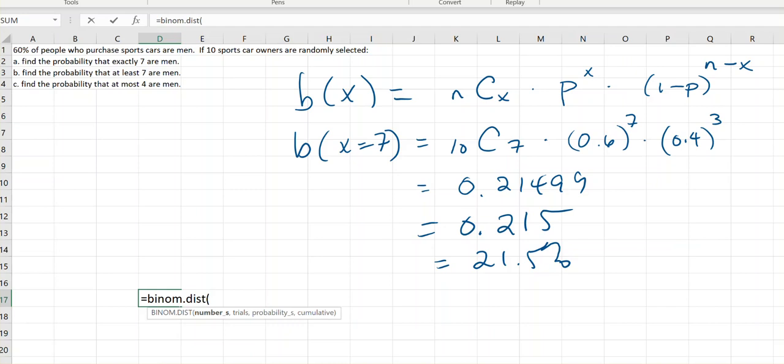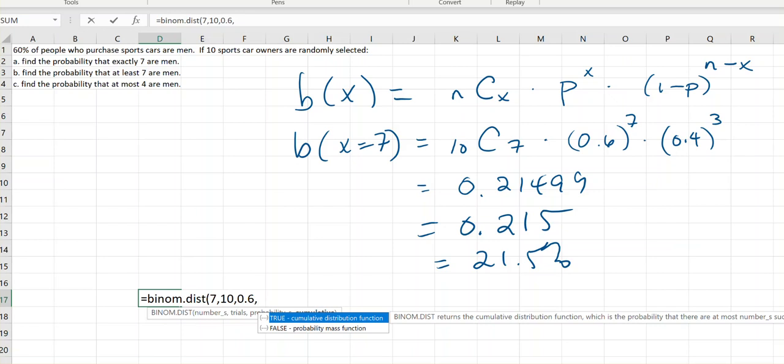The first one is number underscore s, which means the number of successes, right? The number of successes that we want in this case is 7, comma, the number of trials. How many times do I want to play this game, or how many times do I want to do this experiment? 10, comma, probability underscore s. The probability of success is 0.6, comma.